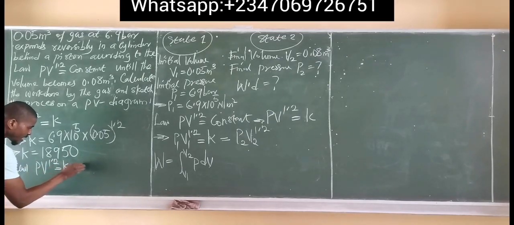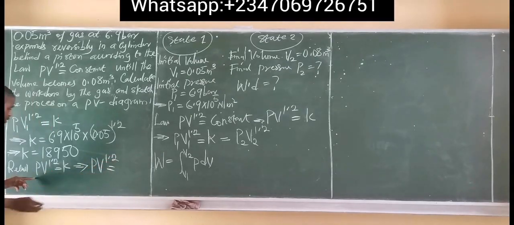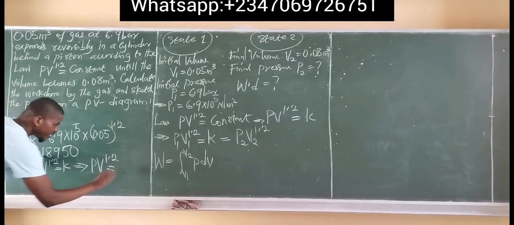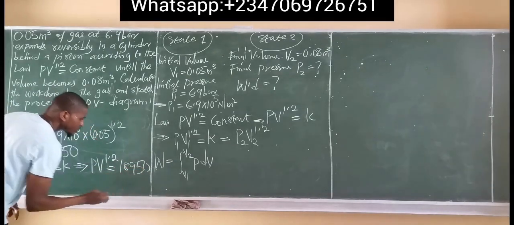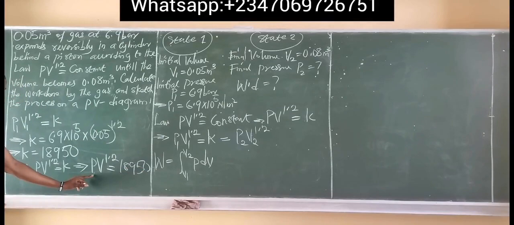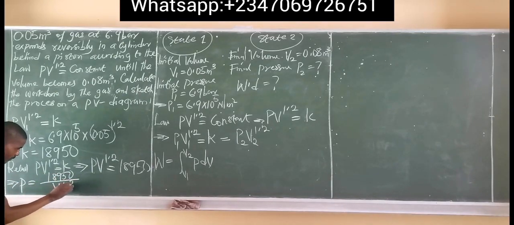So PV to the power of 1.2 is equal to 18950. From here, you can simply make P subject of the formula by dividing through with V to the power of 1.2. So our pressure P is now equal to 18950 all over V to the power of 1.2. So this becomes the pressure.